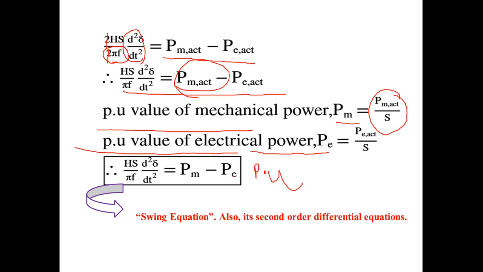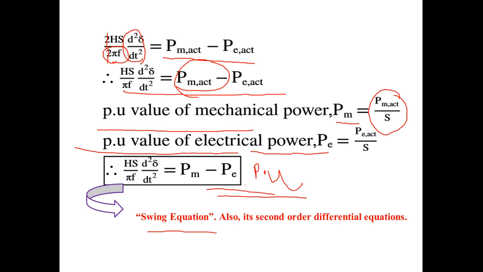So here this is the equation for swing. This equation is called the swing equation, which is derived from the dynamics of the synchronous machine rotor. It is a second order differential equation, and also a non-linear second order differential equation.